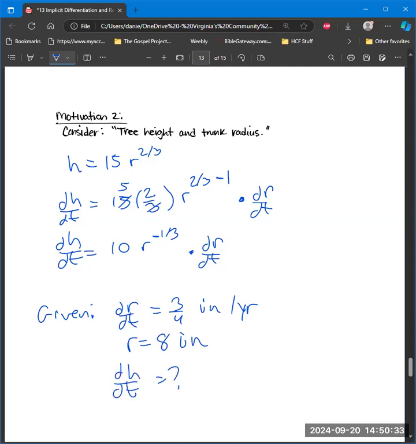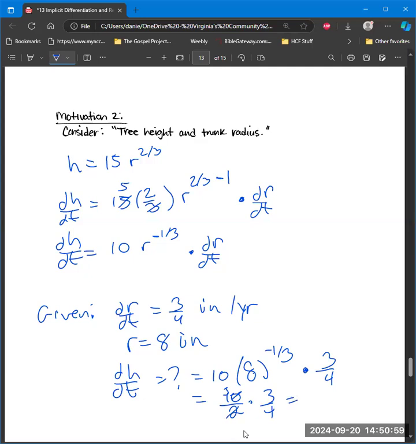I absolutely could. It would be 10 times 8 to the negative 1/3 times 3/4. So this is 10 divided by the cube root of 8, which is 2, times 3/4.